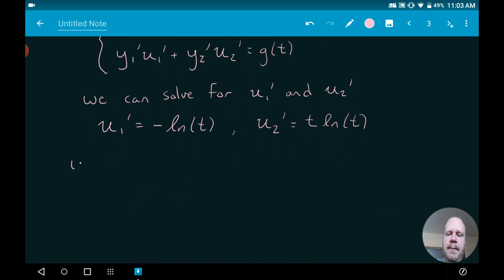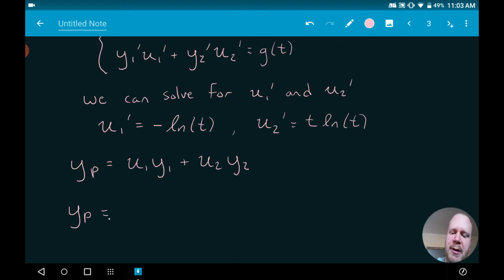We want the particular solution to look like this. This is u1 times y1. So if you need u1 from u1 prime, you need to take its integral.